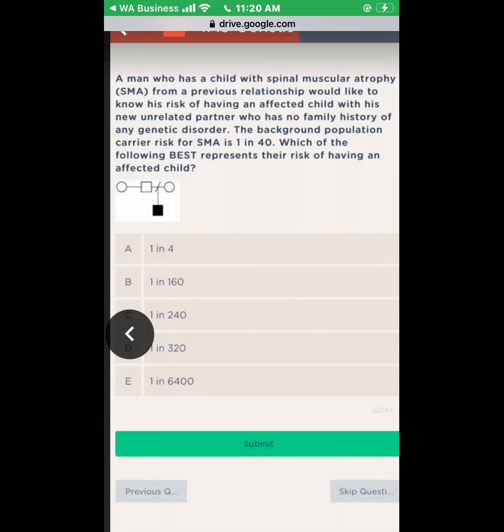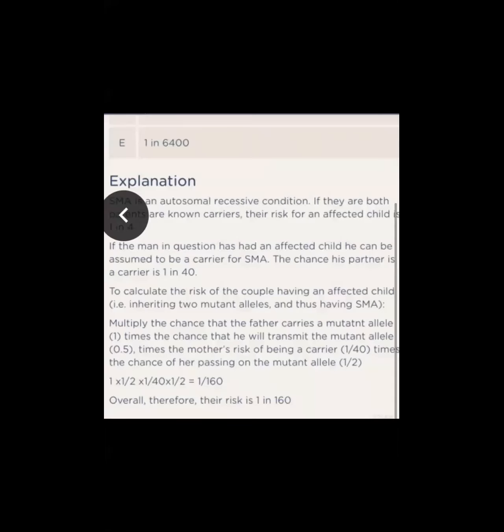So now let us see the calculation. How will we calculate this condition? First of all, you have to know this disease, SMA, is autosomal recessive.